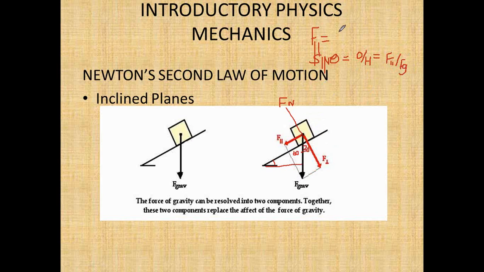That's equal to the force due to gravity times the sine of the angle. So the parallel component, that is this component there, is equal to the force due to gravity times the sine of the angle of inclination, because this angle of inclination is the same as this angle right there.